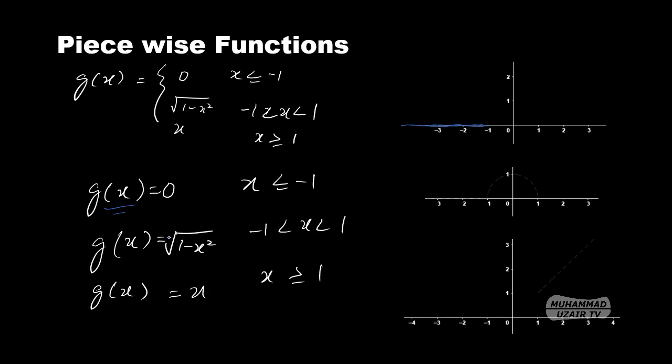This is only the positive side, so this will be a unit circle. The third is g of x equal to x, but x is greater than or equal to 1. Starting from this point, this will be the graph.